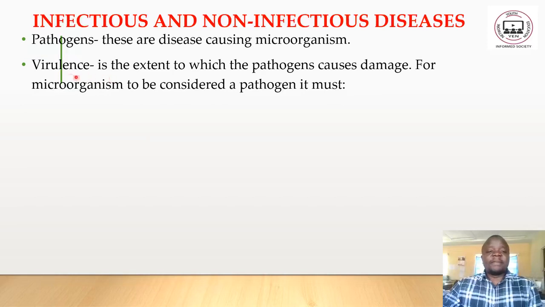When we talk of virulence, we are referring to the degree to which the pathogen can cause damage to an organ, to a system, or to any tissue in the body. For a microorganism to be considered a pathogen, it must have fulfilled some of the conditions that will be given next.